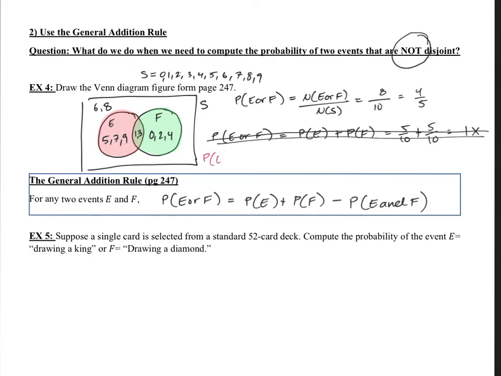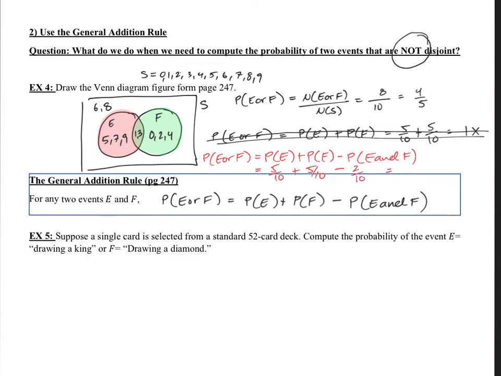The probability of E or F: if we did the probability of E plus the probability of F, and then subtracted the probability of E and F, what would we get? The probability of E is 5/10, plus the probability of F, also 5/10. But this time we subtract what they have in common, E and F. That's 1 and 3, so 2 out of 10.